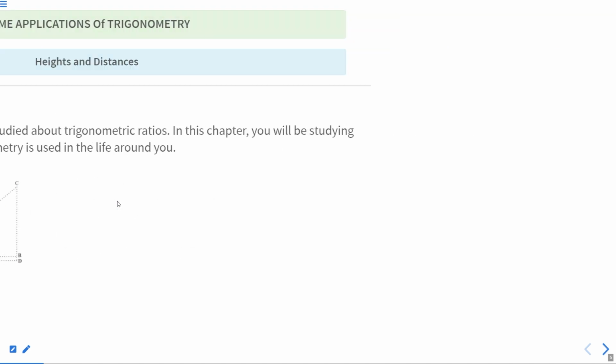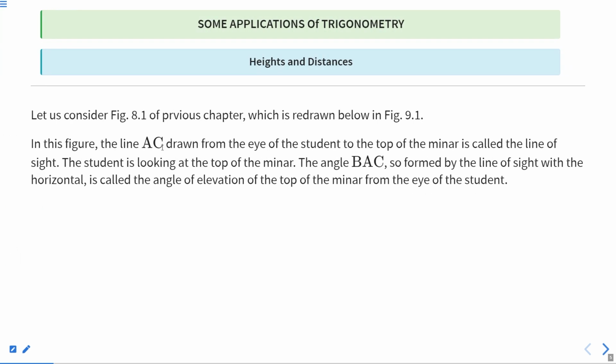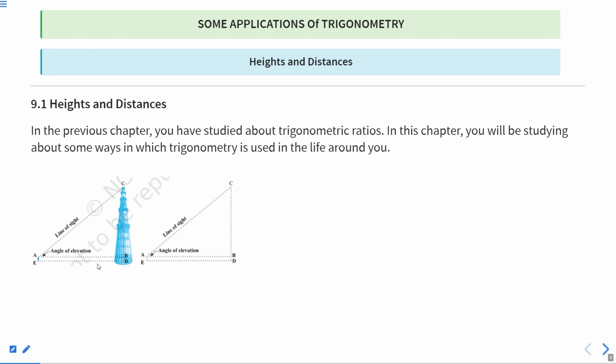In this figure, the line AC drawn from the eye of the student to the top of the minar is called the line of sight. When the student looks at the top of the minar, the angle BAC is called the angle of elevation. From the eyes of the student to the top of the Qutub Minar, this line is called the line of sight.